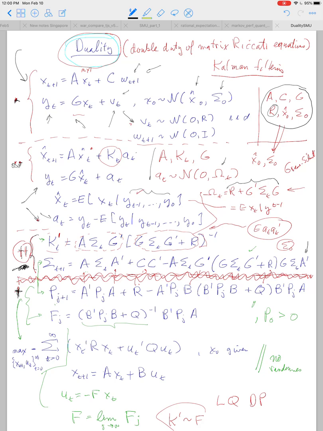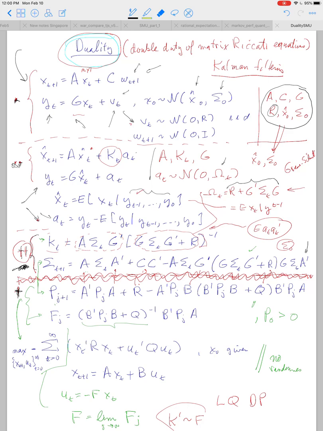And if you stare at this, the equation for P will sort of remind you of the equation for sigma, but it's not the same. The equation for F, which has a j index, will sort of remind you of the equation for K, but is different.